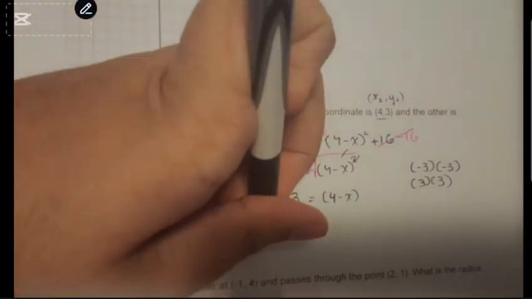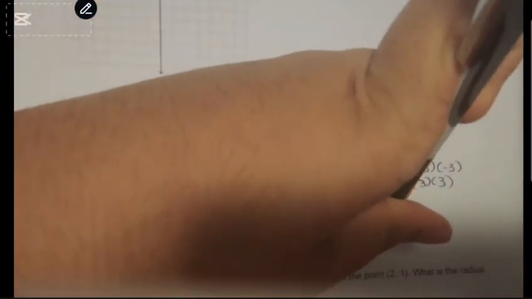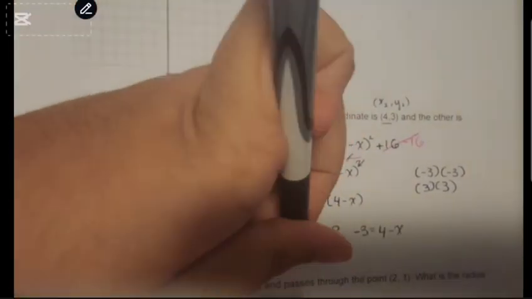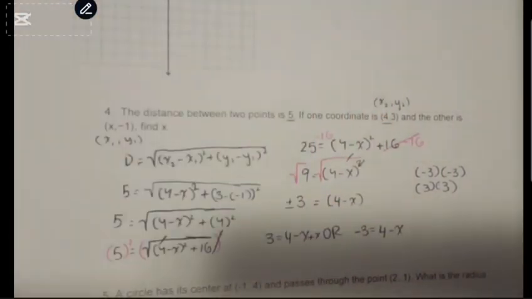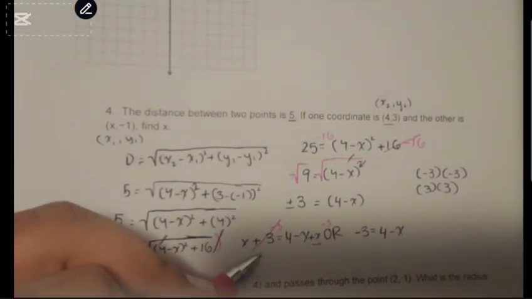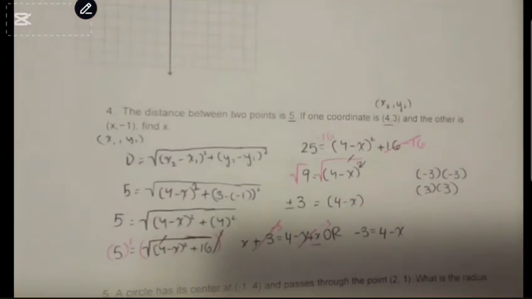And then to find x, we would do 3 equals 4 minus x, or minus 3 equals 4 minus x. Now let's isolate for x. So what we can do is add x on both sides and minus 3 on both sides. So what will happen? 3 and minus 3 will cancel out, and minus x plus x will also cancel out.